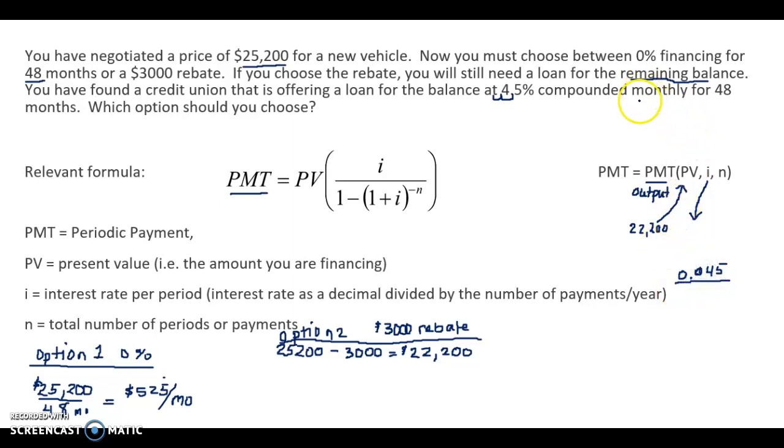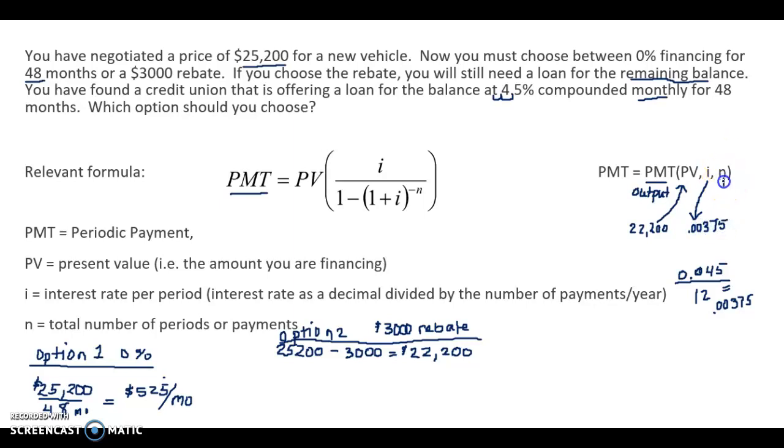Since it is monthly, there would be 12 payments per year. I go to my calculator and figure out that value. I do not want to round if at all possible, so 0.00375 is the value. My input for interest is 0.00375.